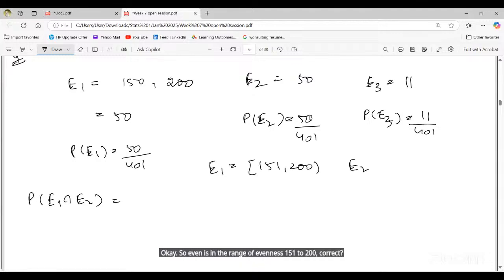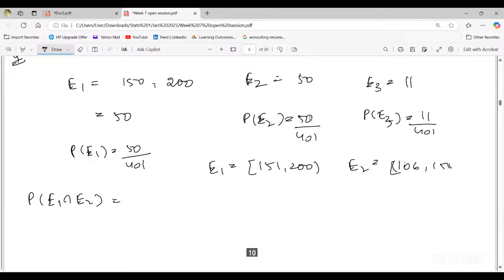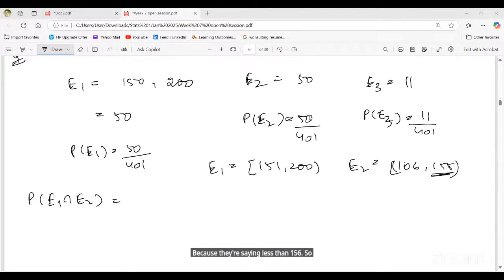And E2 is 106 to 155. Ma'am, 155 inclusive, I think, because they're saying less than 156, so 155 should be included in the range.